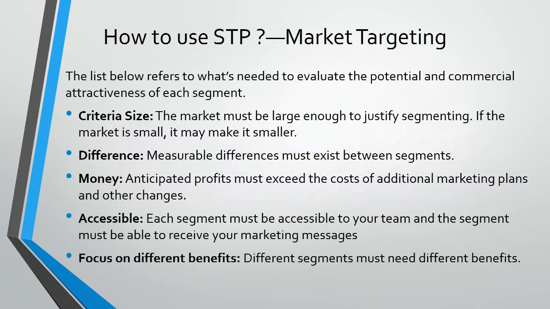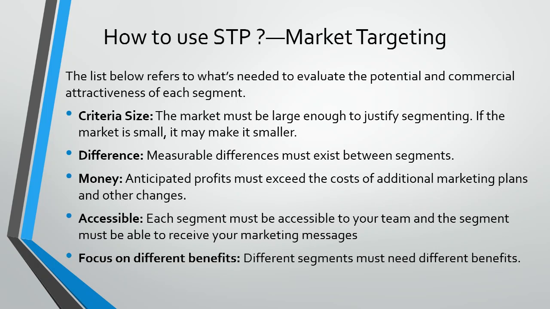Okay, now for market targeting. Here is a list of how to evaluate each segment's potential and commercial attractiveness. The first indicator is size. This requires that the market should be of enough size, because if the market is too small, then the segment is obviously not profitable. The second indicator is difference.